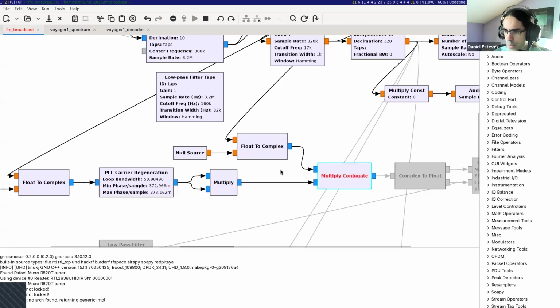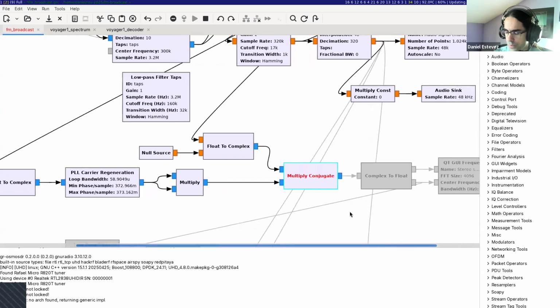So again, I'm converting the original signal to complex. I'm doing a multiply conjugate with the 38 kilohertz tone here. It will shift the frequency of the signal to the left by 38 kilohertz, and that is what we want to do. We want to move that stereo signal from plus 38 kilohertz down to 0. So that's the reason we have multiply conjugate.